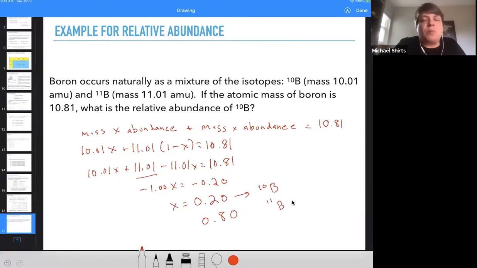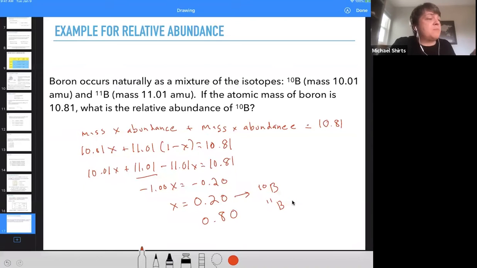So you can have somewhat more complicated problems like this. For example, you could have 3 atoms and you'd be given the abundance of 2 of them. Or for example, you could be given the abundance and the mass and have to figure out the mass of the individual isotopes. Now, you know that if you see boron 11, it's probably 11, but you don't know exactly, plus or minus something. You don't know what that something is.